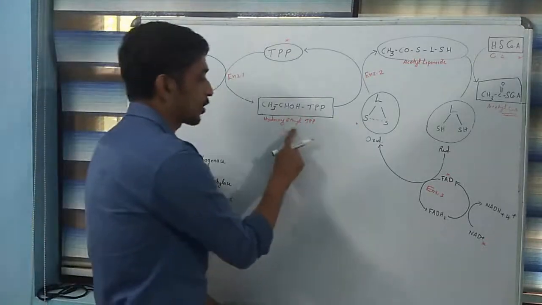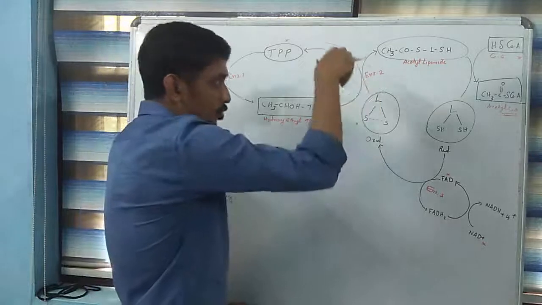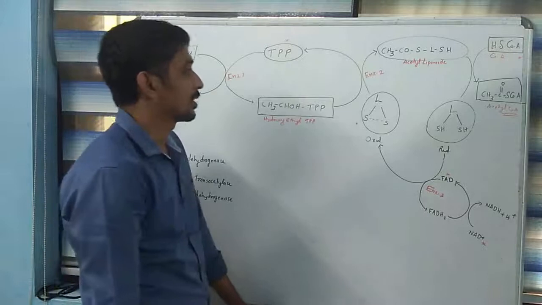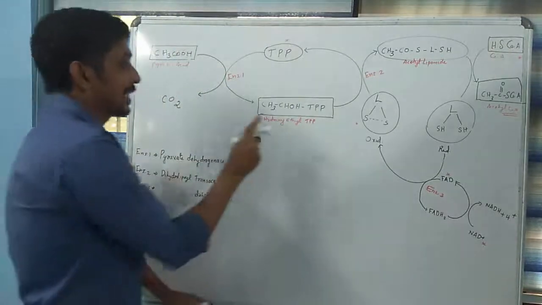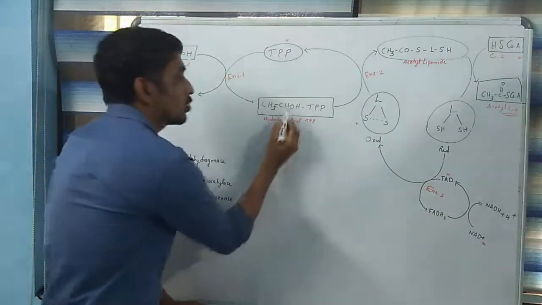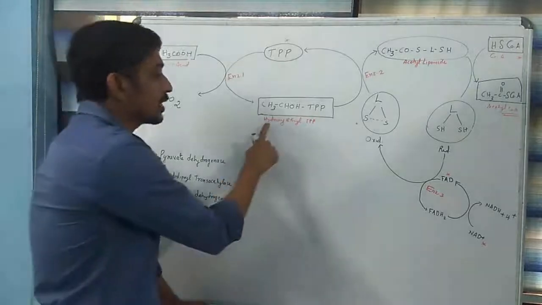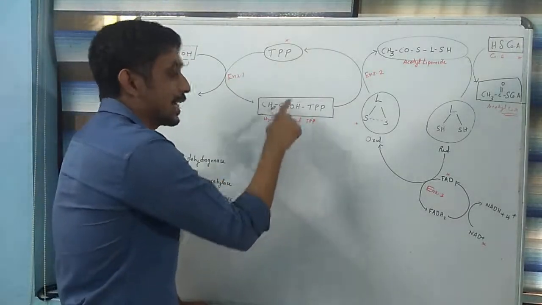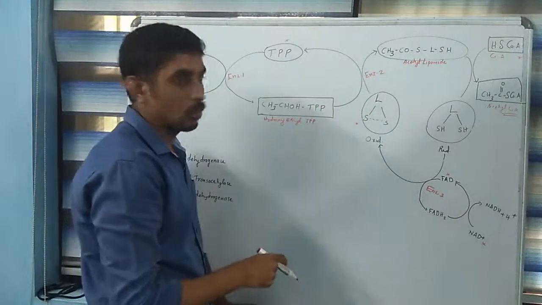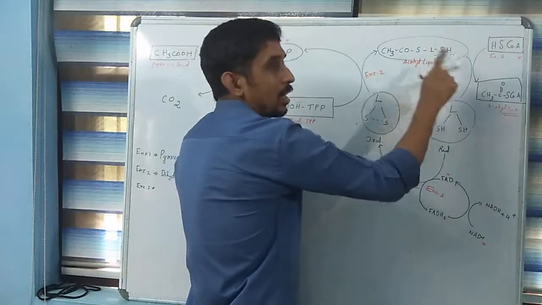After the formation of hydroxyethyl thiamine pyrophosphate, enzyme 2 catalyzes the second reaction. During that process, mainly oxidation takes place. These 2 hydrogens, this one H and this one H, will be removed. So oxidation of hydroxyethyl thiamine pyrophosphate in the presence of enzyme 2 gives another compound called acetyl lipoamide.